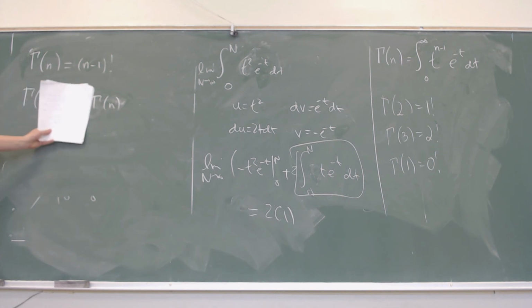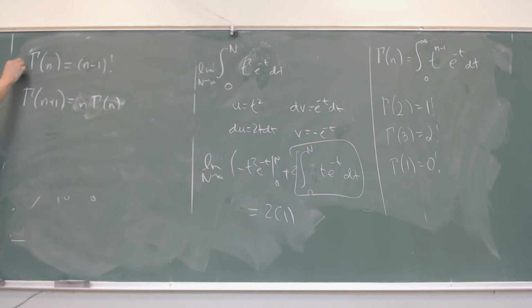Because that's n minus 1 factorial, and n times n minus 1 factorial is n factorial, right? So these are basic properties. If you've seen the gamma function before in other contexts, this is the combinatorial thing that shows up when you're doing Pascal's triangle and various combinatorial computations involving factorials.